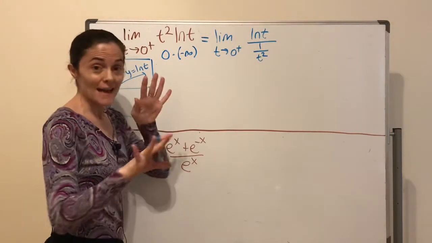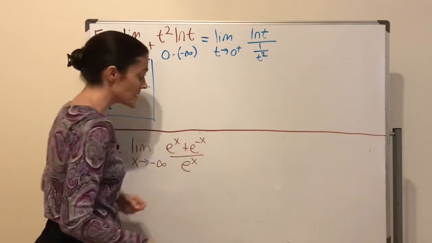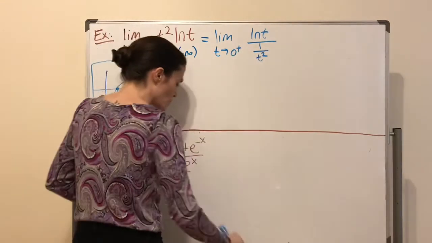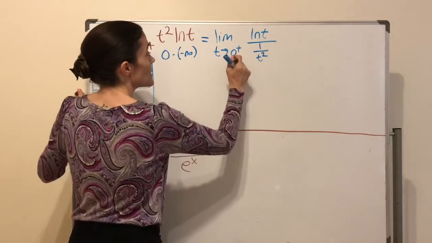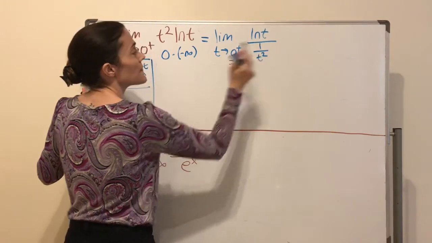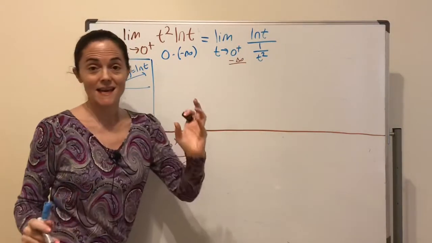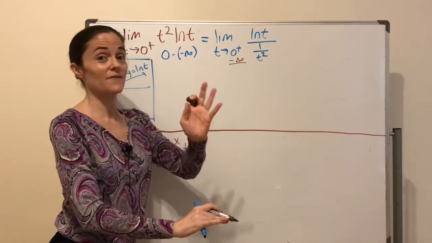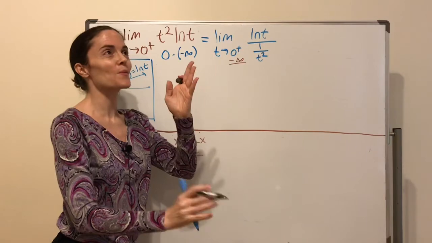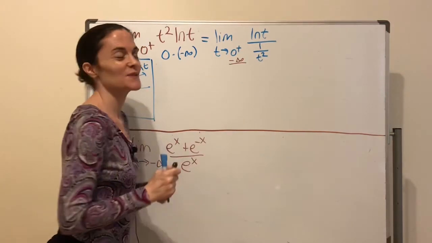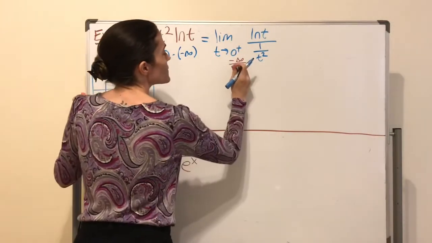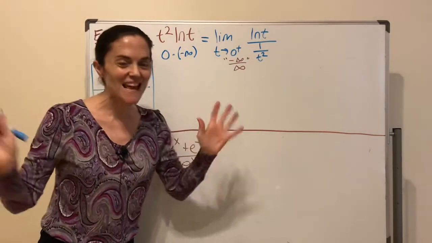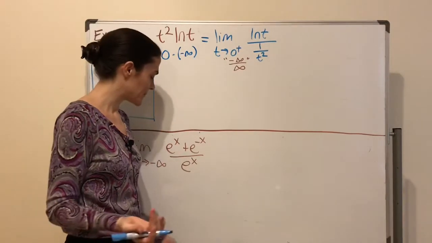But now I am looking at a quotient, and if I think about what's happening as I approach 0, my numerator is approaching minus infinity, and the denominator, well, as t approaches 0, 1 over t squared is approaching infinity because we have 1 in the numerator and the denominator is going to 0. So we have infinity over infinity. Now we are in great shape for L'Hopital.